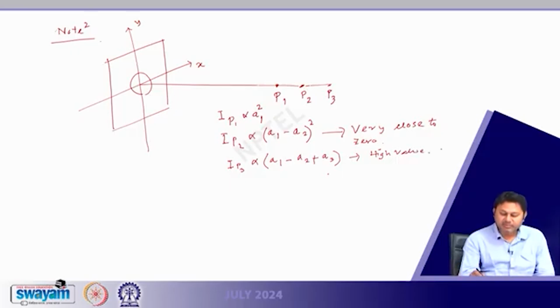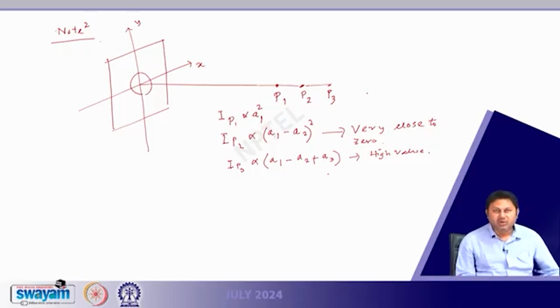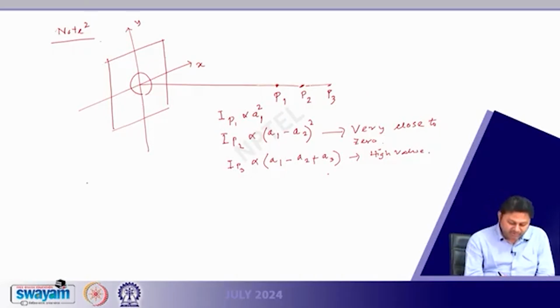So, the point is, if I move along P1, P2, P3, the intensity changes in a periodic way. Sometimes it is less, sometimes it is large, and that is also an interesting aspect of the Fresnel zone. So, if I plot this, two cases are there.